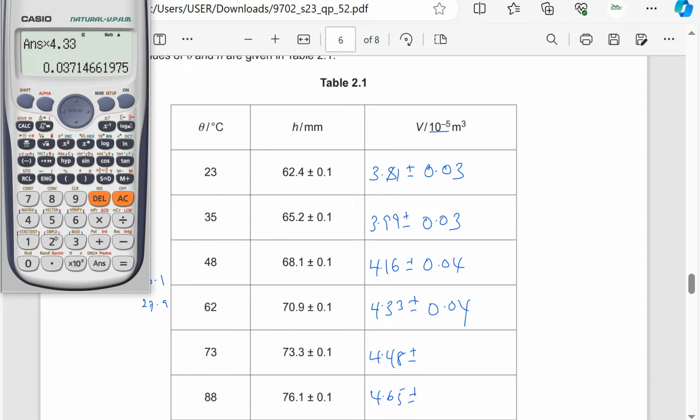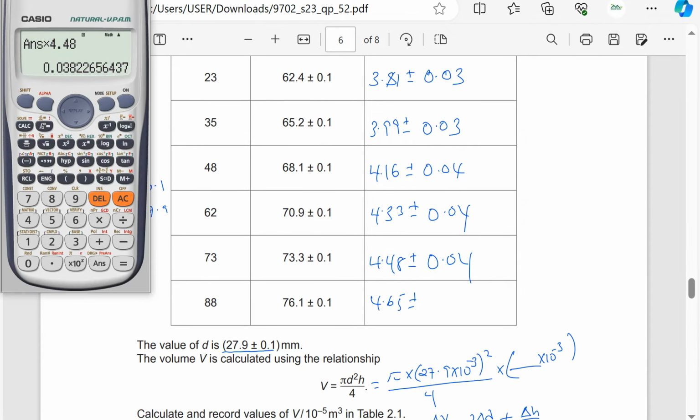The next one is 0.2 divided by 27.9 plus 0.1 divided by 73.3 times the value of V, which is 4.48. So that is 0.04.